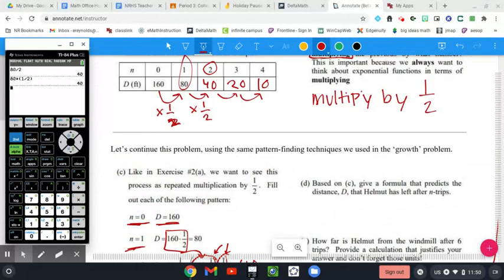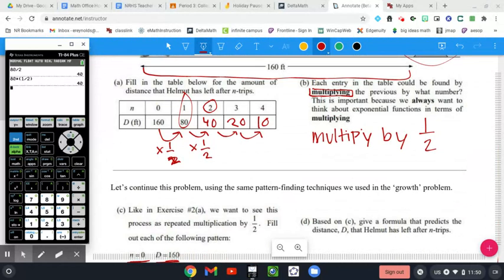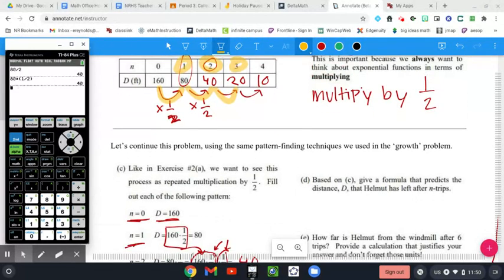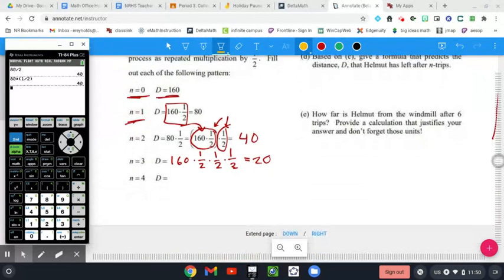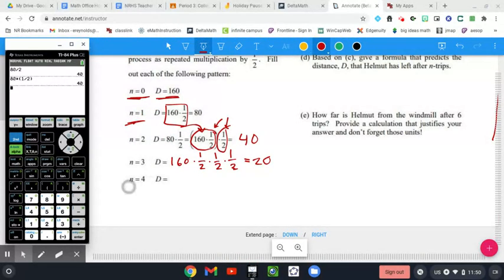So I'm going back to this table. This is what we're doing. We are times 1/2 once, times 1/2 twice, times 1/2 3 times. The amount of times that we're halving that distance is corresponding to the number of trips that we're taking. So we can develop a pattern. If we had 4 trips, how many times 1/2s are we going to have? We're going to have 4 of them. So it's going to be 160 times 1/2, 4 times.